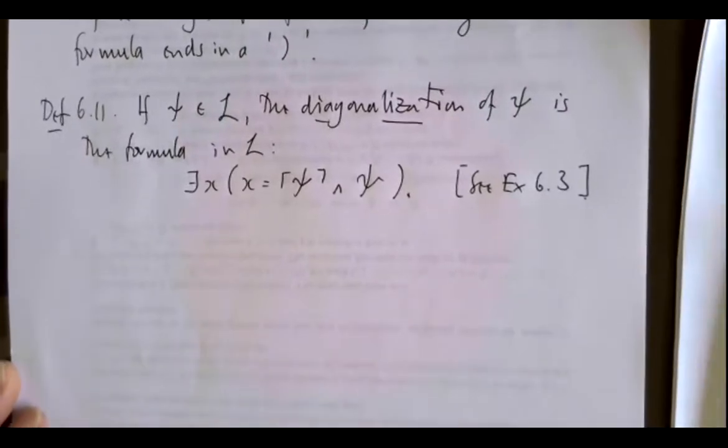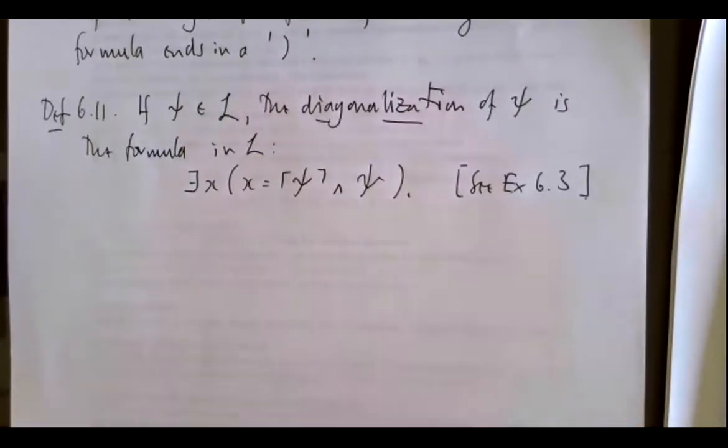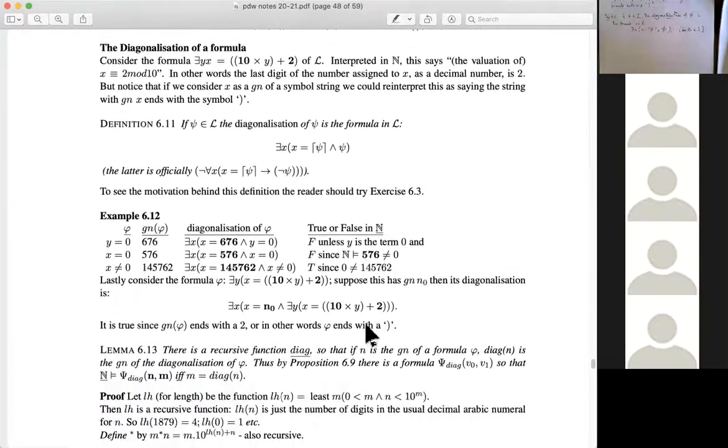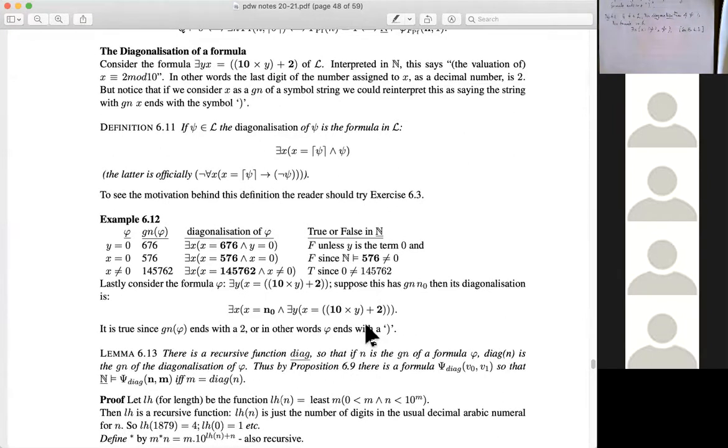If you look now at example 6.12, let me share the screen here. There are various examples of formulae and their diagonalizations. We've got the very simple formula y equals 0. If you look at the code for this formula, the Gödel number is 676.